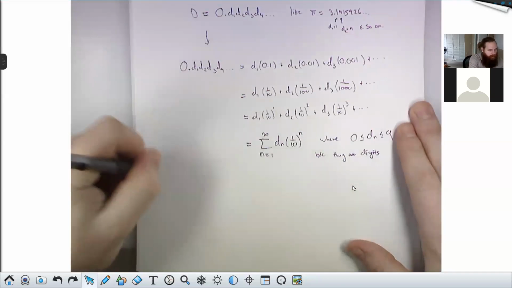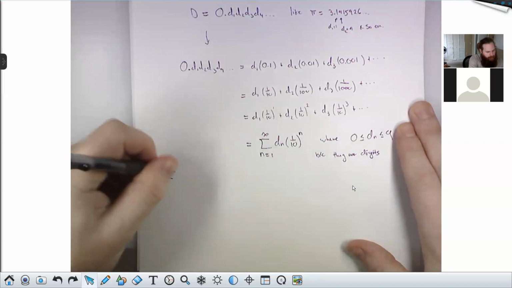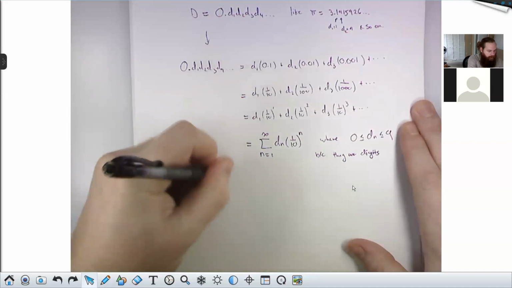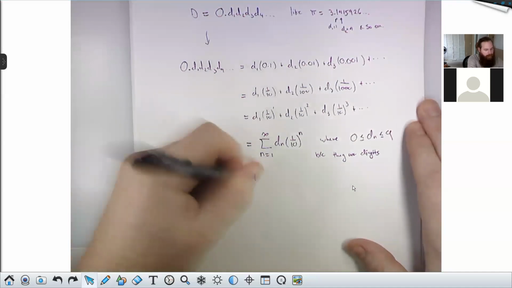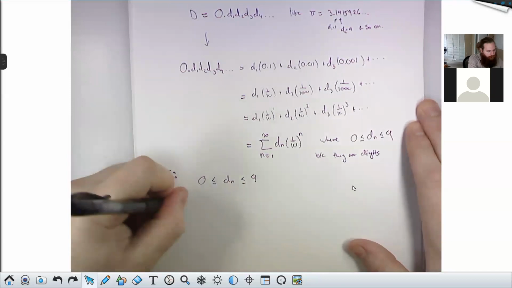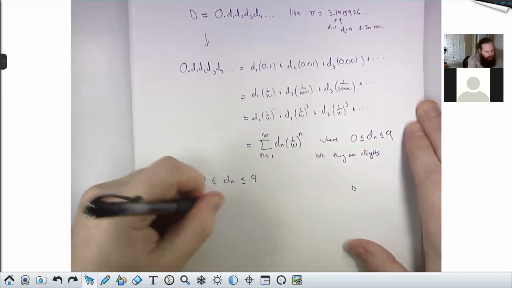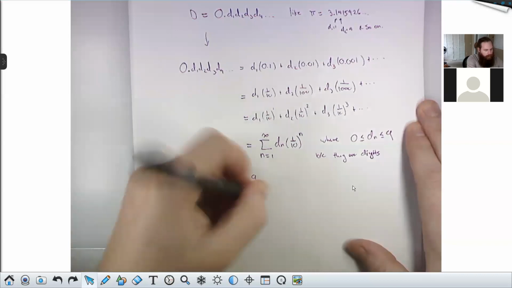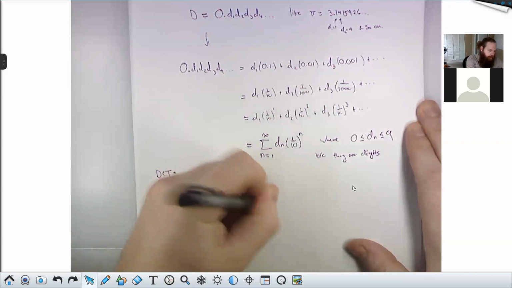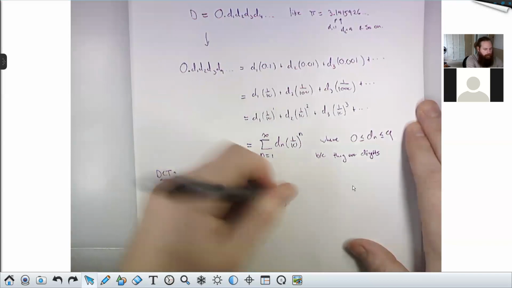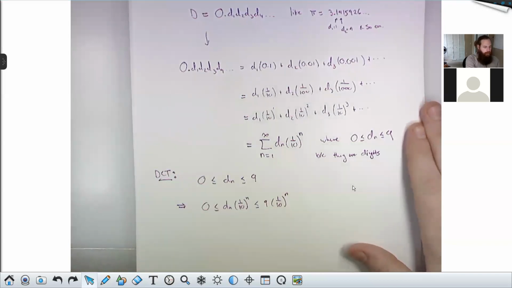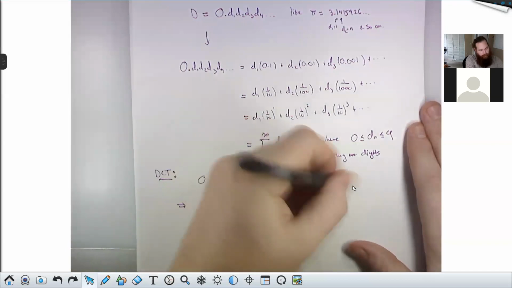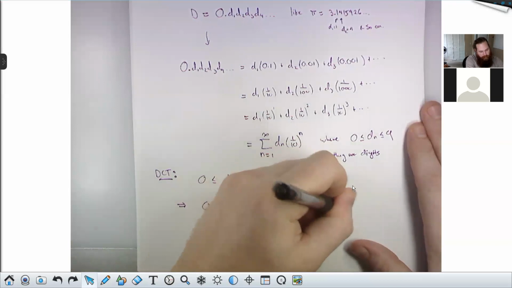So I'm going to run DCT. Observe that 0 is always less than or equal to dn, which is less than or equal to 9, which implies 0 is less than or equal to dn times 1/10 to the n, which is less than or equal to 9 times 1/10 to the n. And the series of the object on the right, that is geometric.